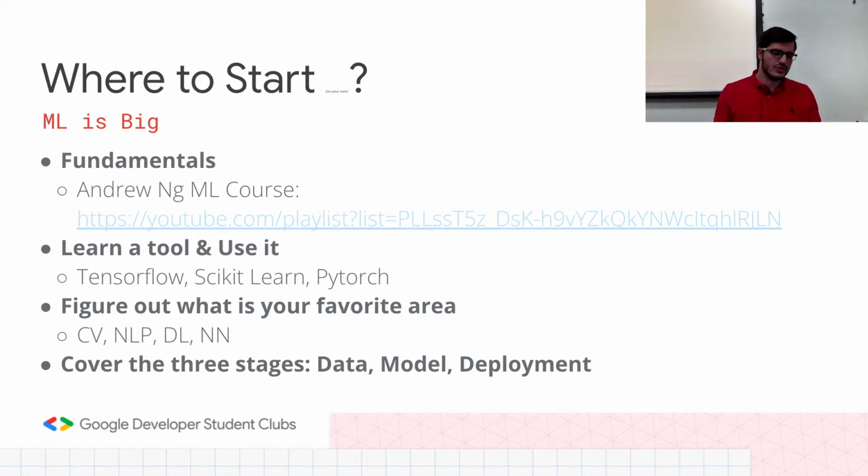Once you know what path you want to take, you gotta cover 3 stages of ML development. There is data, model, and deployment. Out of these, I'd say data is the most important. Working with data is really a key aspect of ML.